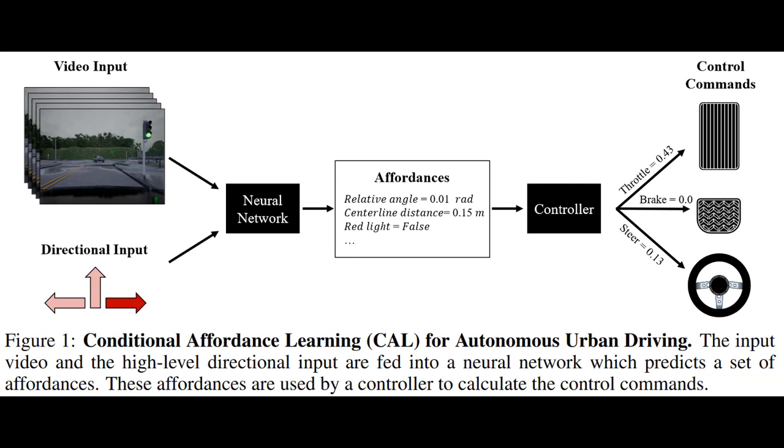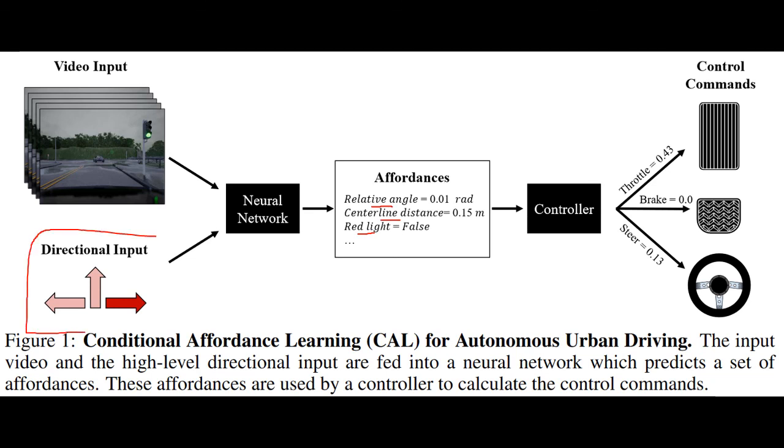So in this paper about conditional affordance learning, we now saw what the affordances are. Here you can see an additional set of examples like relative angle, center line distance, whether the light is red or not. So you are learning that and then making the decision based on that.